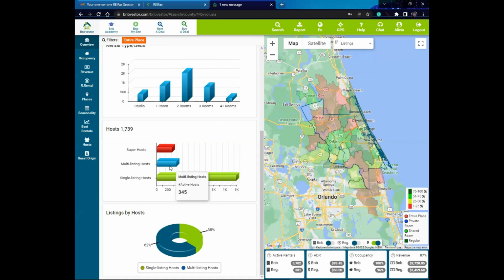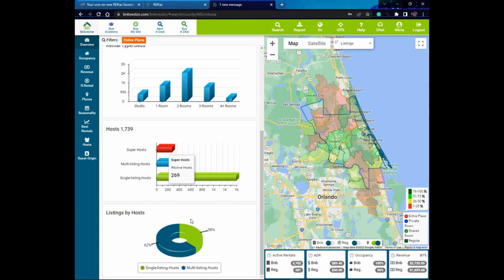Then we have the multi-listing hosts. We have 345. These multi-listing hosts are hosts or owners that have from 2 to 10 listings in this area. And then we have the super hosts. We have 269. These hosts have anywhere from 10 to any amount of properties active for rent in the BnB market at this moment.